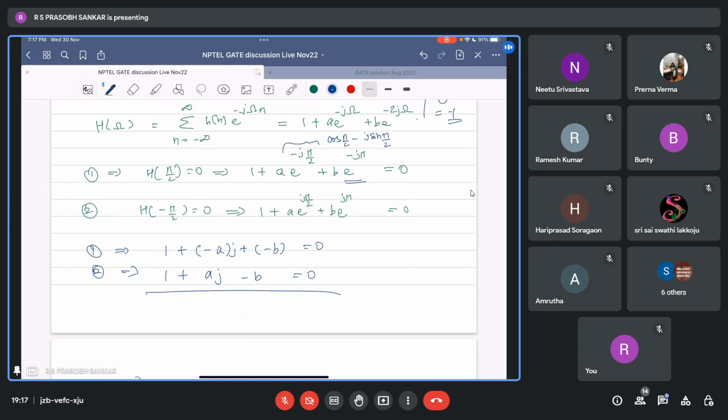So if we add these two equations, we can see that 2 minus 2b is 0, or b equal to 1. Now, if we substitute b equal to 1 here, 1 minus aj minus b is 0, and b equal to 1. That means minus aj should be 0, which means a equal to 0.